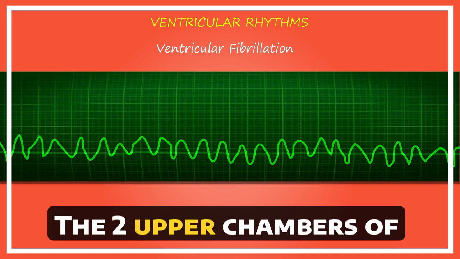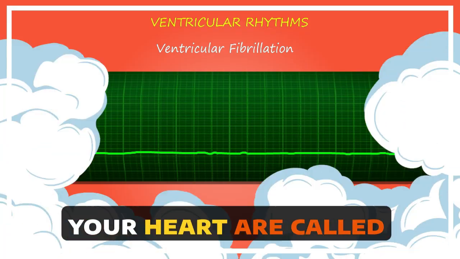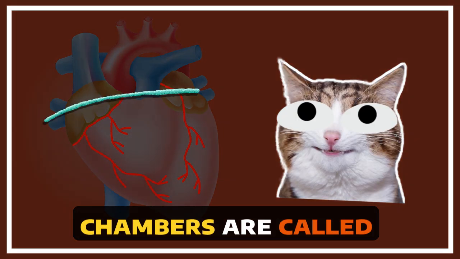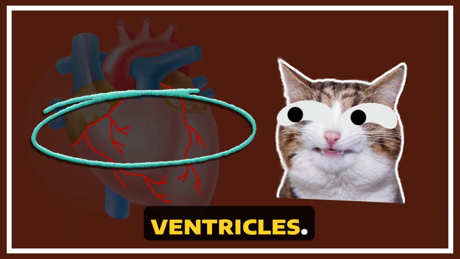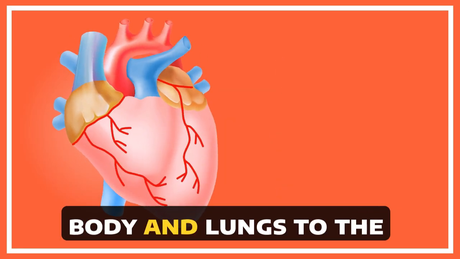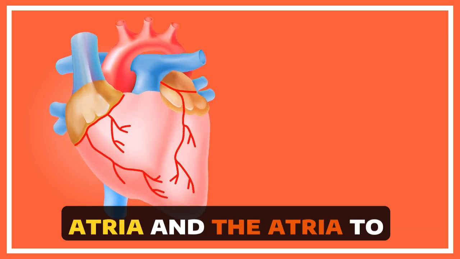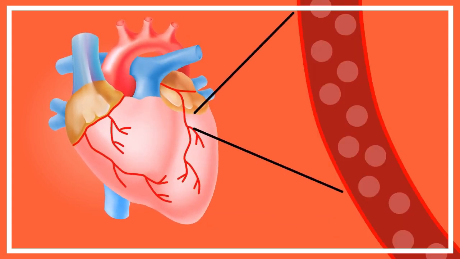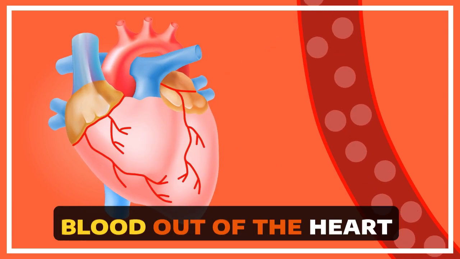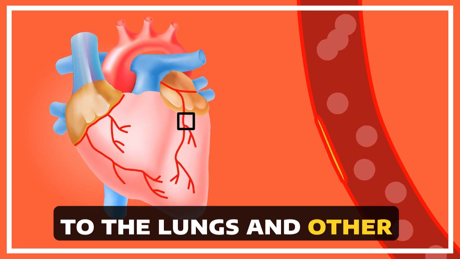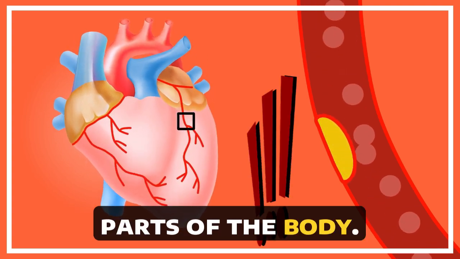The two upper chambers of your heart are called atria, and the two lower chambers are called ventricles. Blood flows from the body and lungs to the atria, and the atria to the ventricles. The ventricles pump blood out of the heart to the lungs and other parts of the body.